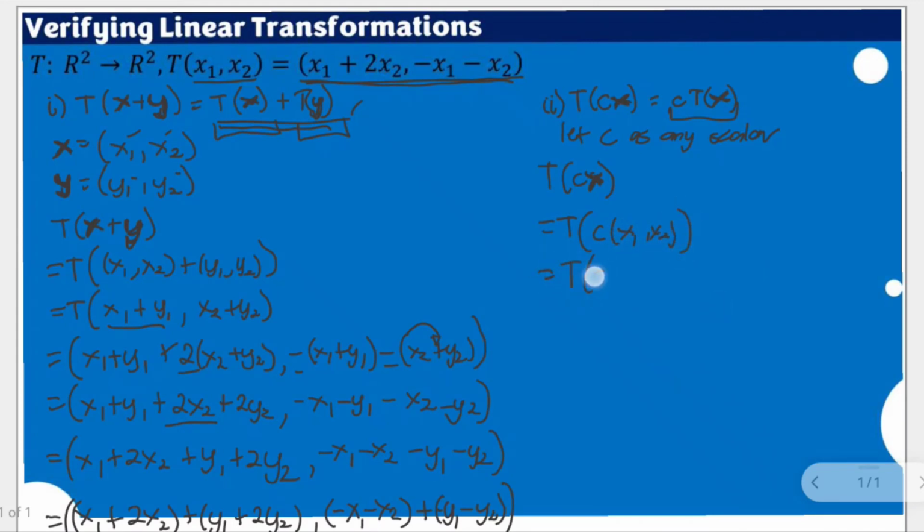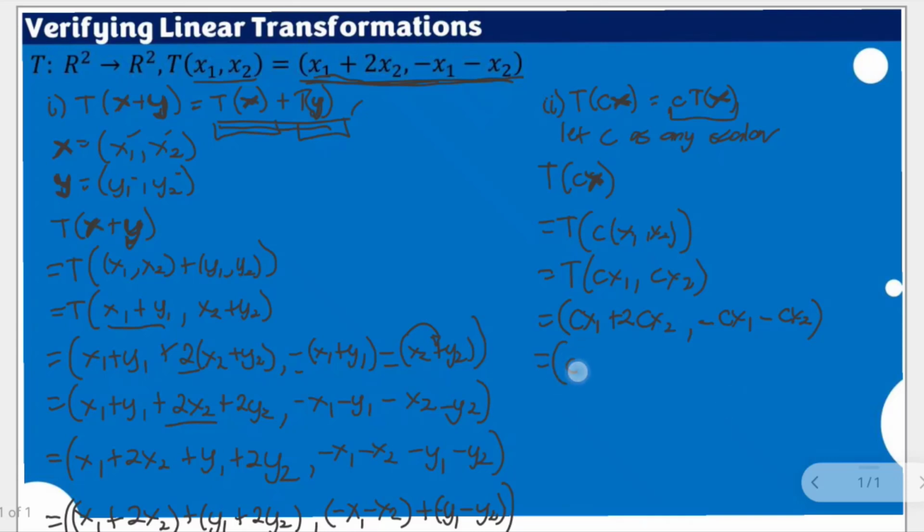Distribute that, you have Cx sub 1, Cx sub 2. Then we apply the definition of the transformation. You will have the first entry, Cx sub 1 plus twice the second entry, Cx sub 2, then we have minus the first entry, Cx sub 1, minus Cx sub 2.